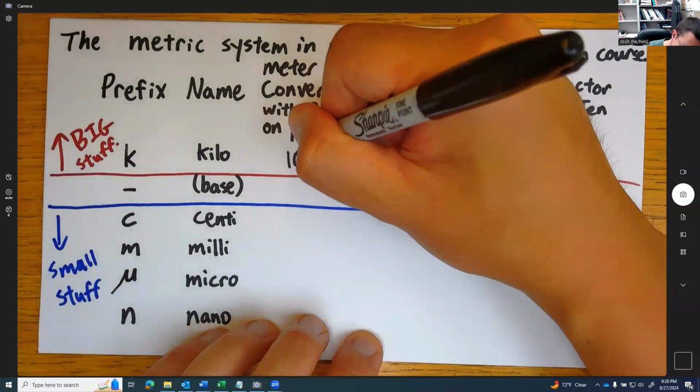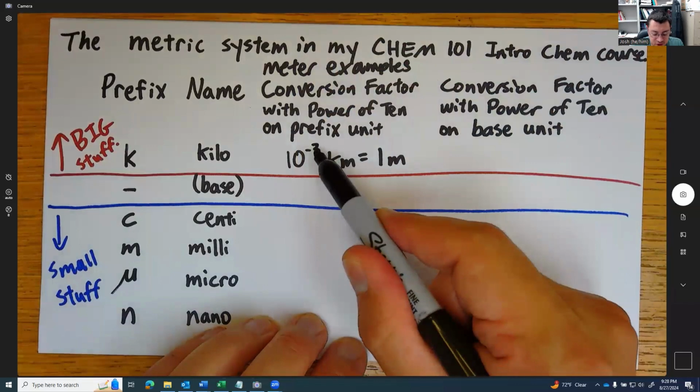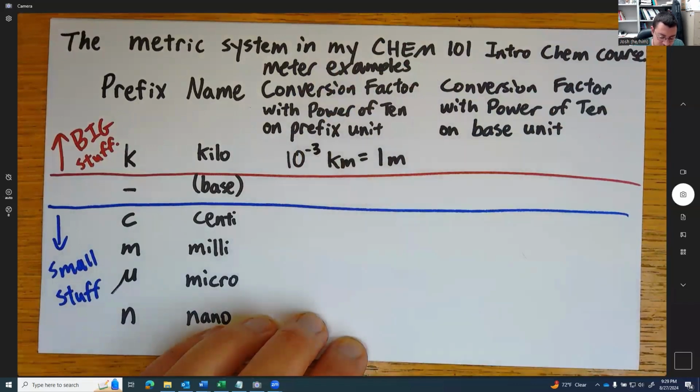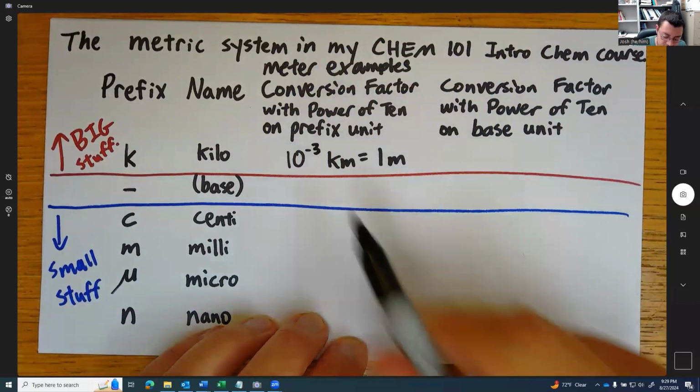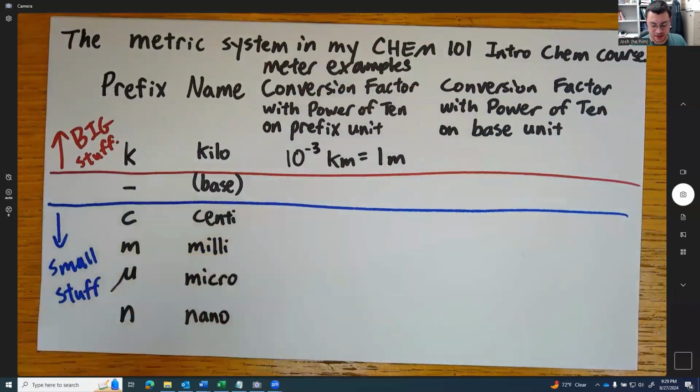The answer would be to shrink that kilometer. 10 to the negative third power. That's going to be 0.001 kilometers. And that's going to be equal to 1 meter. For the sake of space, I wanted to keep everything on one page, so I'm going to be using powers of 10.